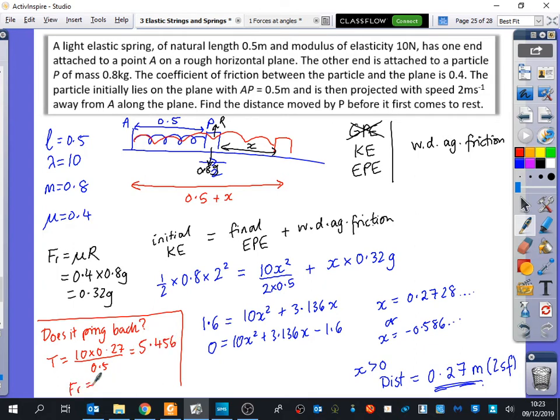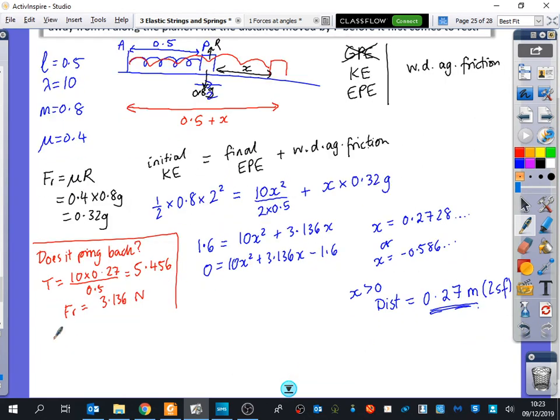The friction is 0.32 G, which we said was 3.136 newtons. So it does ping back. It does move back. Tension is bigger than friction, so it does move back towards A. What about after that?